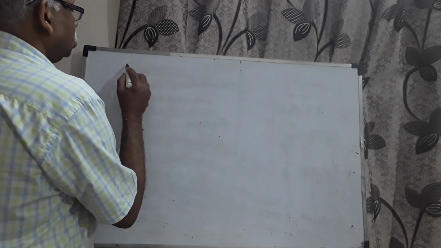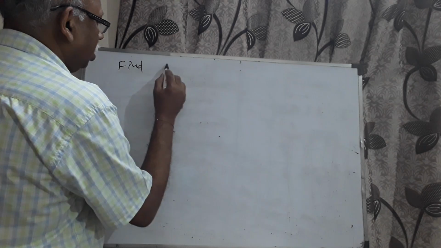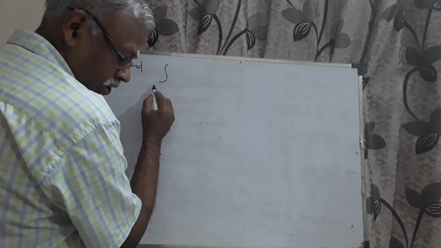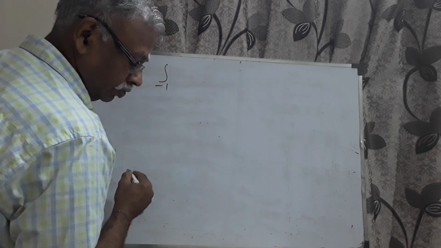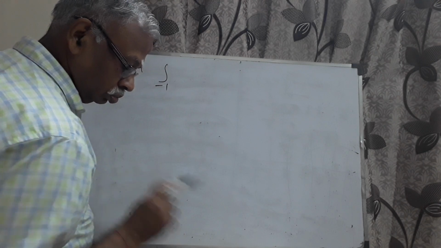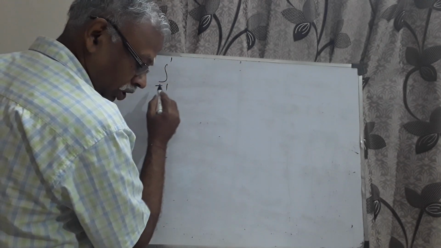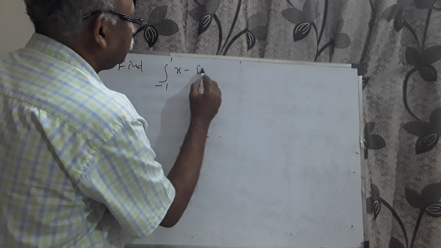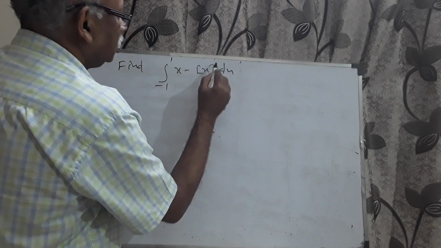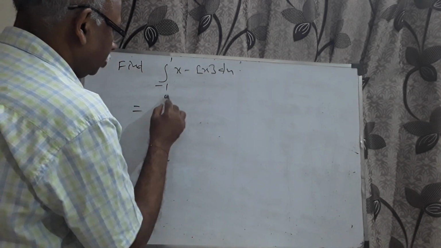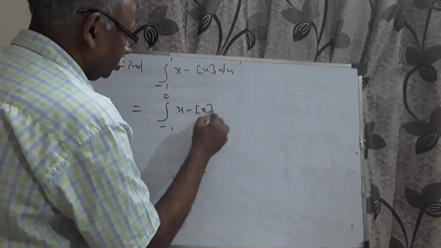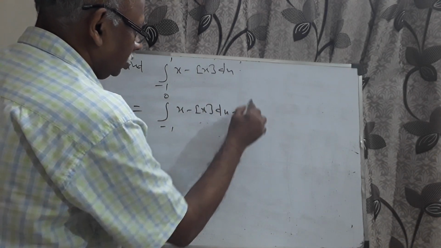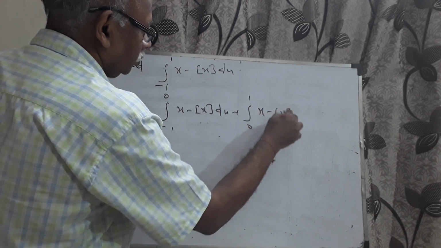Now what I am going to do is evaluate the integral from minus 1 to 1 of x minus box x dx. This can be written as the integral from minus 1 to 0 of x minus box x dx plus the integral from 0 to 1 of x minus box x dx.